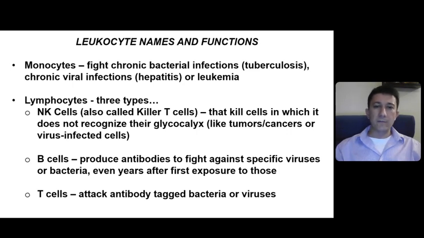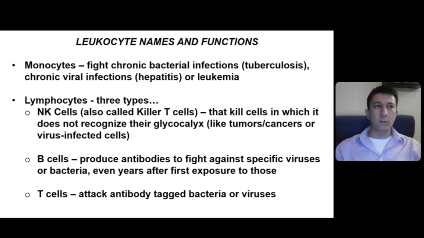And finally, we see the lymphocytes, in which there are three types. We have the NK cells, which are also called the killer T cells. These are specific types of lymphocytes that will kill cells in which it does not recognize the glycocalyx of that cell.